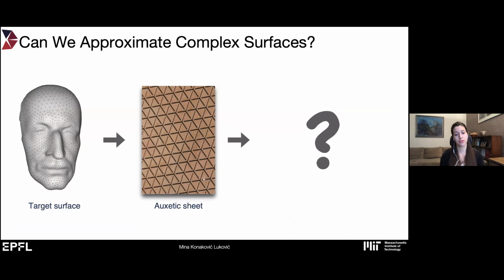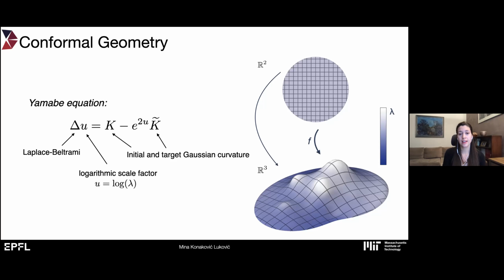And one attractive feature of conformal geometry is that the curvature of the surface is easily expressed using this logarithmic scale factor. And this is really not intuitive, but we can now nicely have the relationship between the change in the Gaussian curvature that is happening on the surface and the scaling that we need to have in our mapping from the flat domain to the three-dimensional domain.